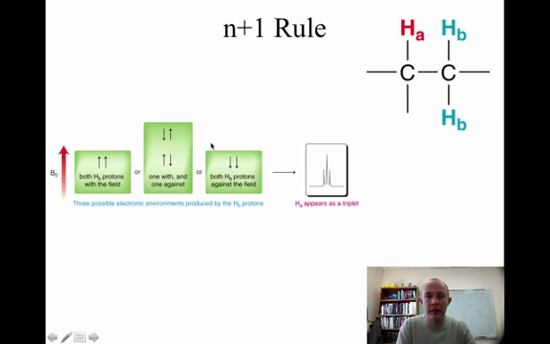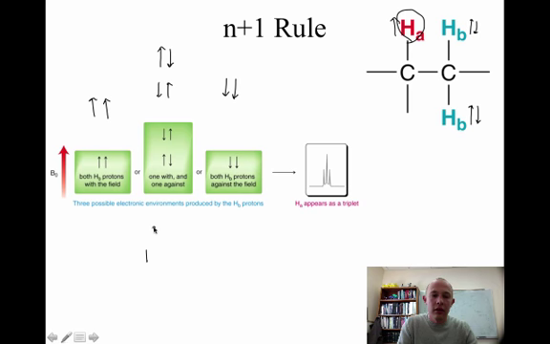If we look at the next possibility though, if we're looking at just a signal from HA, we can have HB, and that can be up or down, and we can have this other HB which can be up or down. So if we assume HA is up, we can have up, up, or we can have 2 redundant possibilities, which are up, down, or down, up, or we can have down, down. So we get a 1 to 2 to 1 ratio, which is a triplet.